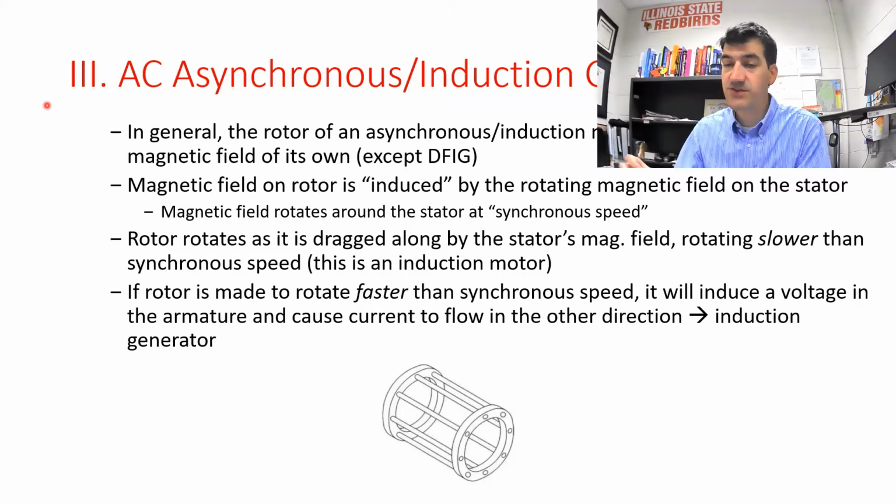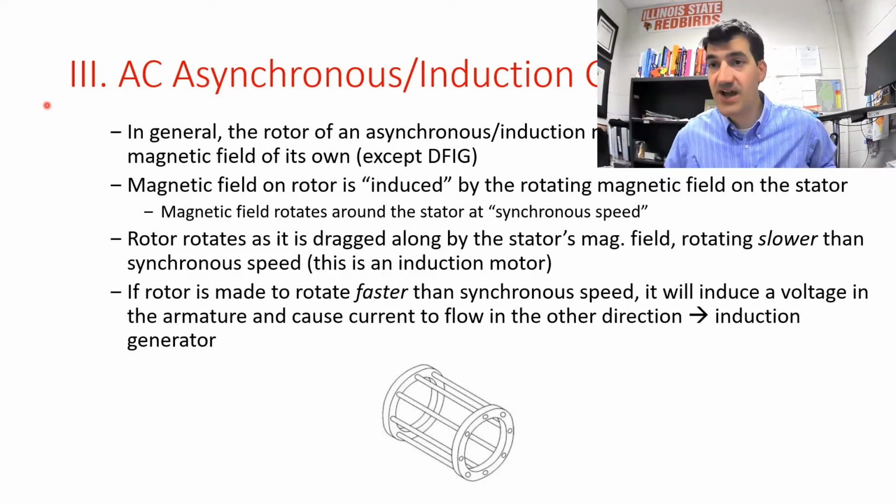That goes into the generator. So I have a slightly variable speed input into the generator, and I can still produce a fixed 60 Hertz constant output frequency. That's why asynchronous or induction generators are really important to this class, because they're applicable especially to renewable energy applications of generators.